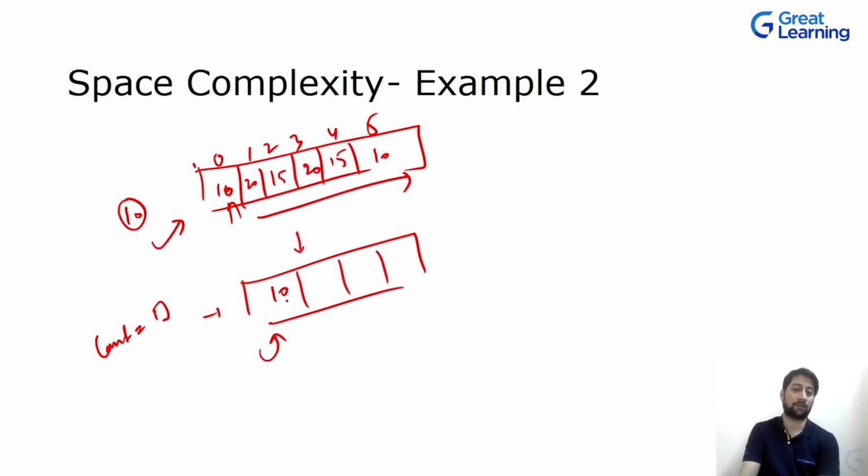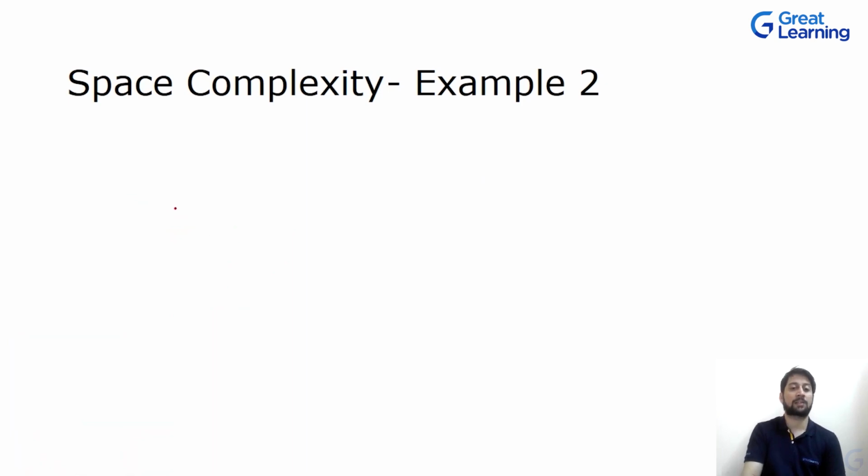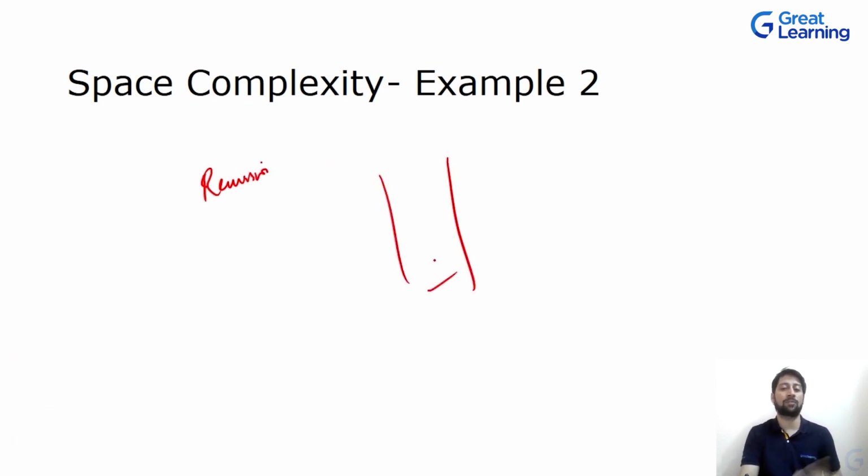Even if this example is not understood, let me take another example. Let's suppose you're using recursion. Now you might be thinking, okay, internally you are not using any extra space, but what happens in recursion?